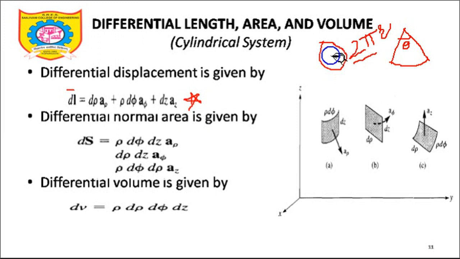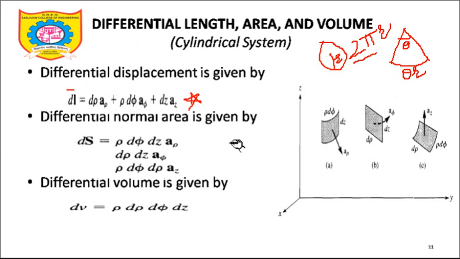If I draw a certain origin and this radius of a circle, then it becomes 2 pi r. Similarly, it will be an angle times a radius. Whenever I am talking about any curved surface, it is not a straight line, and that's why rho comes into the picture whenever I am talking about an angle phi. So dl bar is d rho a rho bar plus rho d phi a phi bar plus dz az bar.